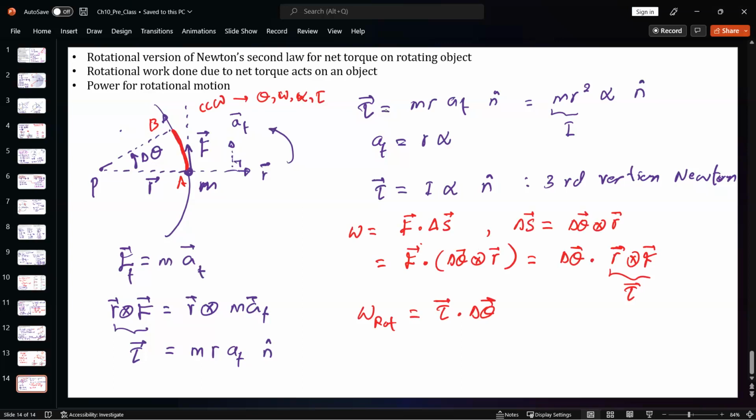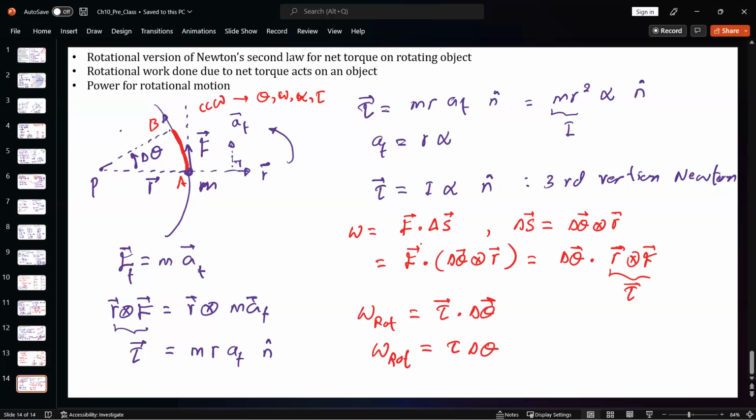As a result of that, this dot product will actually produce torque times delta theta. So that is the work done for the rotationally moving object. If I know the net torque acting on the object, and I multiply by the amount of rotational angle, I can get the work done.